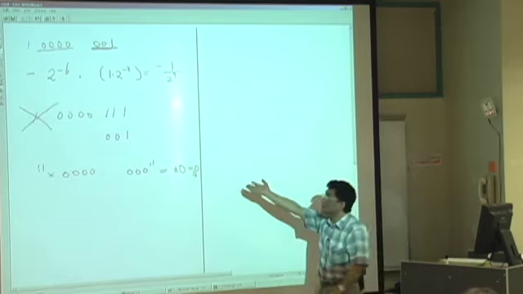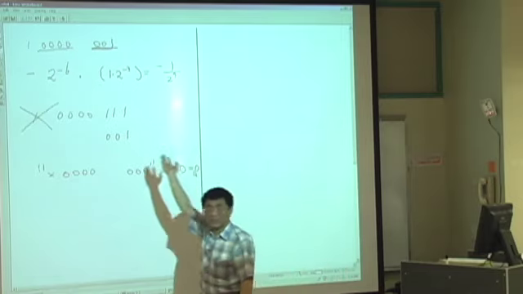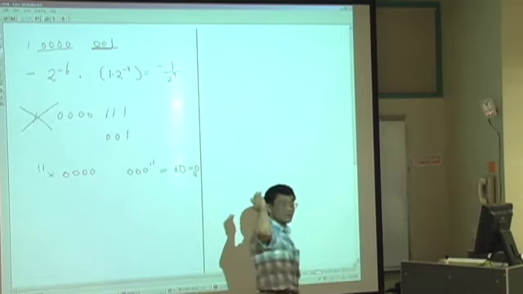So please check what is the maximum number that we can represent and what is the minimal number that we can represent using this.